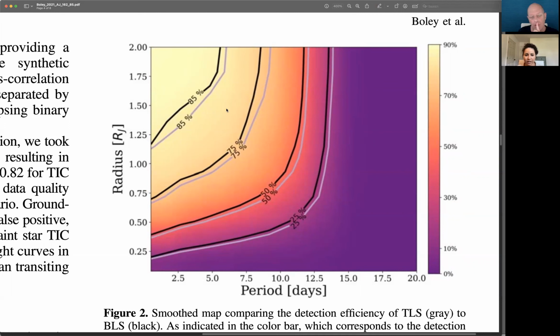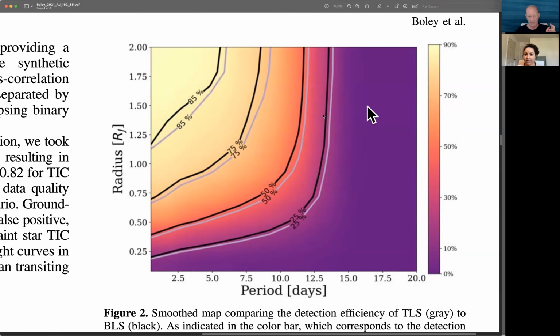So for the hot Jupiters, we were able to get an average of around 70% or so. If you're looking at 1 on the radius on the y-axis to around 10 days, that would be around 70% average.